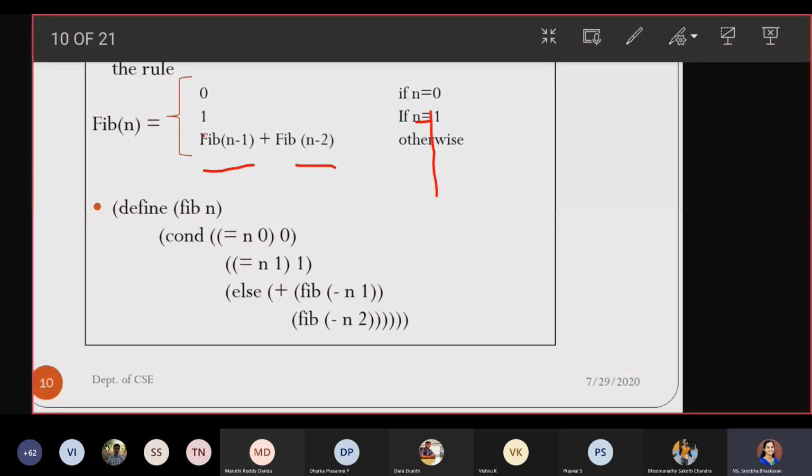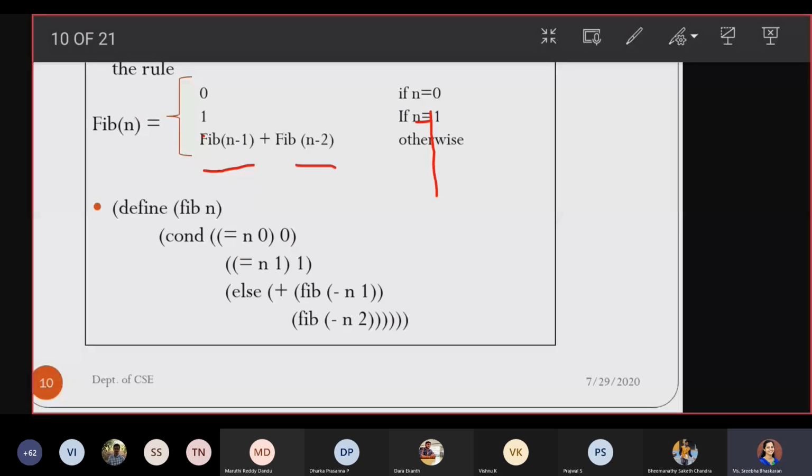When you go with cond, it is written as cond, and you open the parenthesis. If your n is equal to 0, return 0. If your n is equal to 1, return 1. Otherwise, there is the else part. We have to add: plus fib of n minus 1, fib of n minus 2.